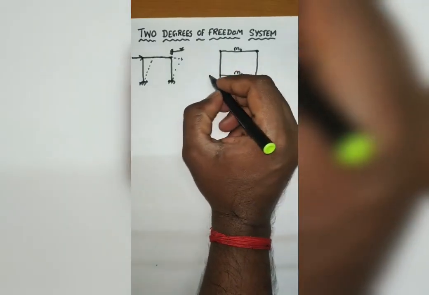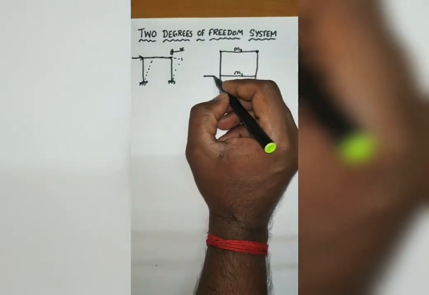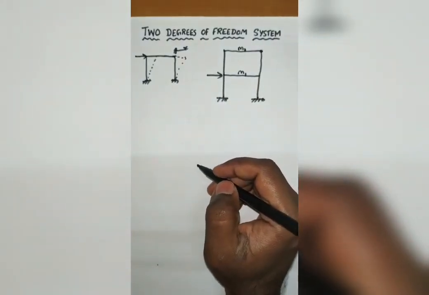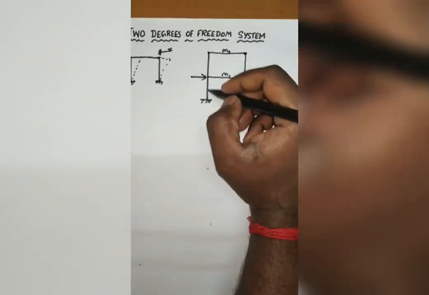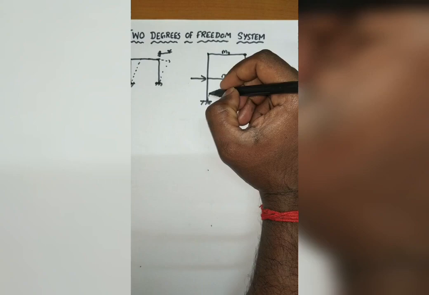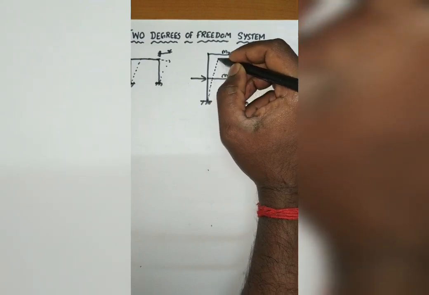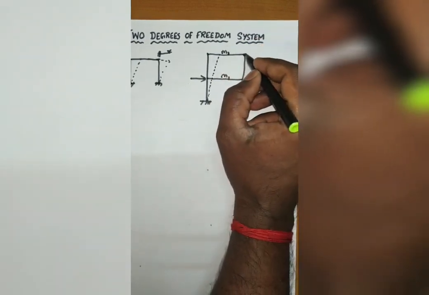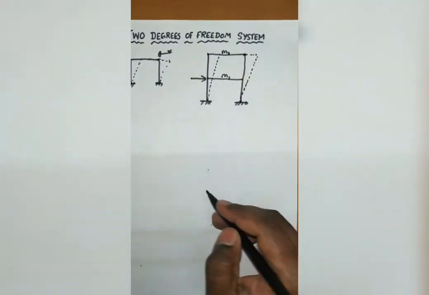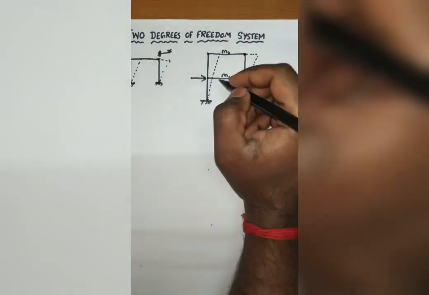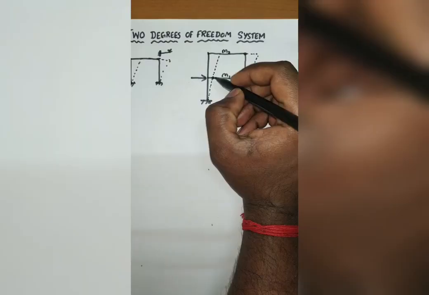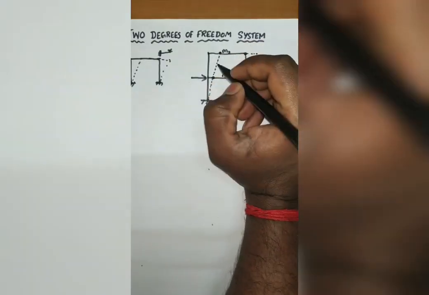For example, say a wind force is applied here. Because of this, there is some possibility for swaying of this entire structure. If I draw this sway structure, you can have a swaying action like this, in which you need one coordinate at this point and another coordinate at this point.